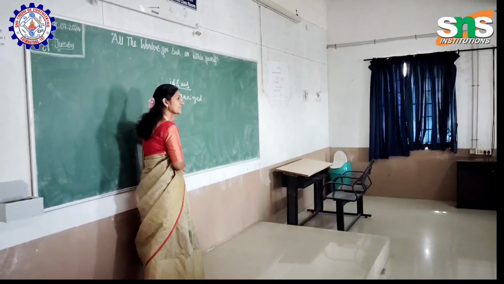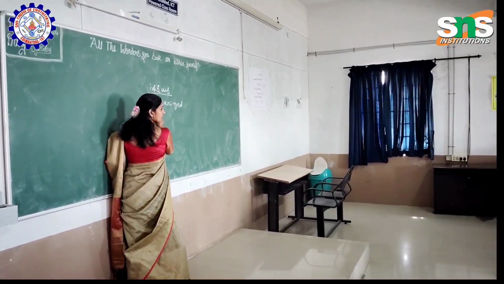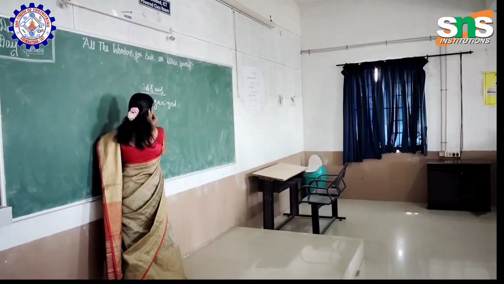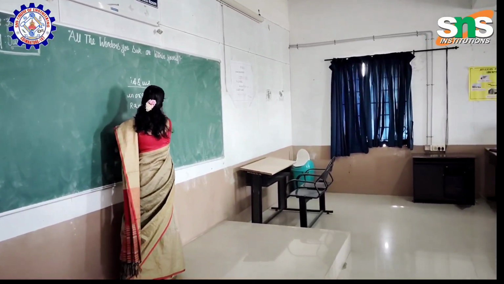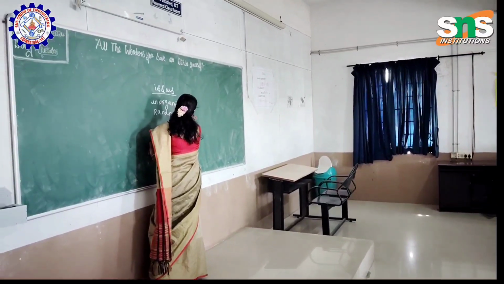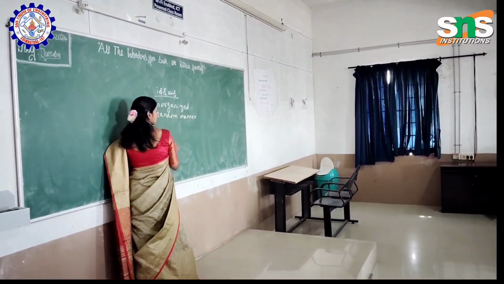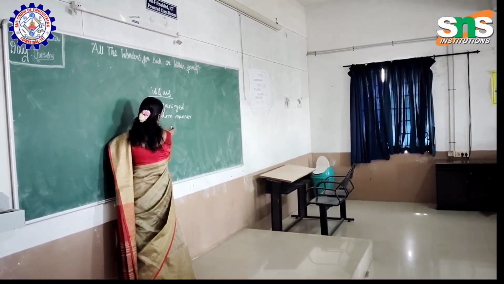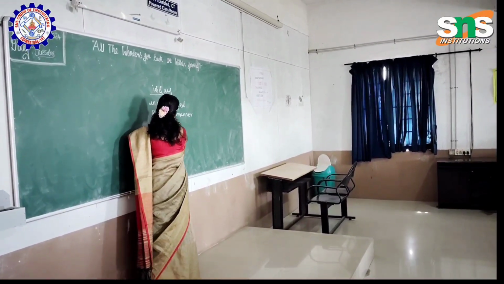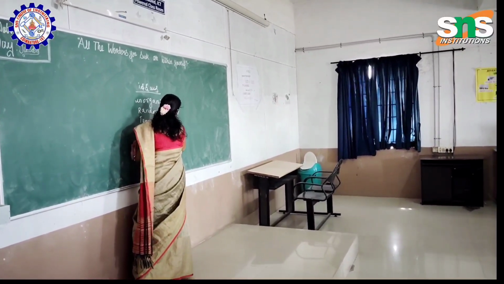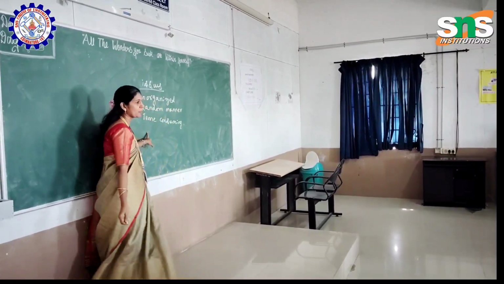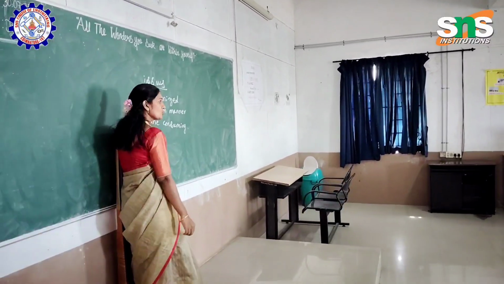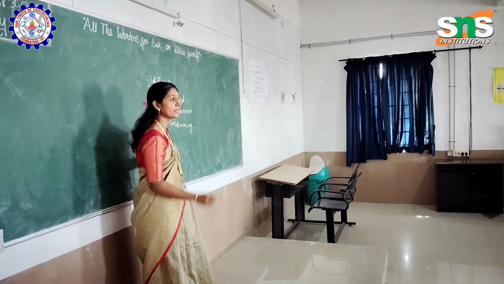Say one by one: unorganized, scrambled, arranged in a random manner, unstructured and time consuming. To search for a value is time consuming, right? I have to find a value for x, so it is time consuming. All these difficulties we have faced with the first sheet.